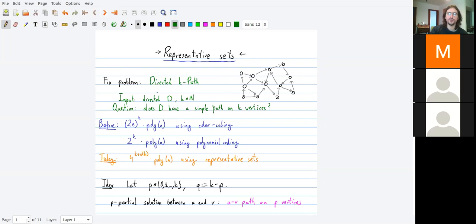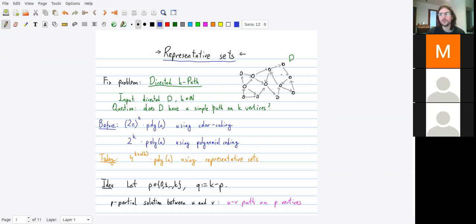It will apply to different problems, but let's fix a problem of interest. As usual in this kind of thing, we will be working with the directed k-path problem. It is a problem to which all of those techniques can be applied. Just to recall, we have a directed graph D, and we ask whether D has a simple path on k vertices, where simple means that I cannot repeat a vertex along the path.